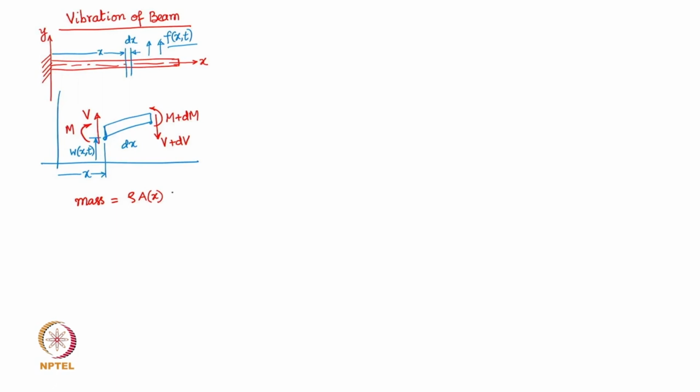So rho A(x) dx is the total mass of this element, and if we want to apply Newton's second law here for the vertical vibratory motion, we can write this as rho A(x) dx, mass times the acceleration.